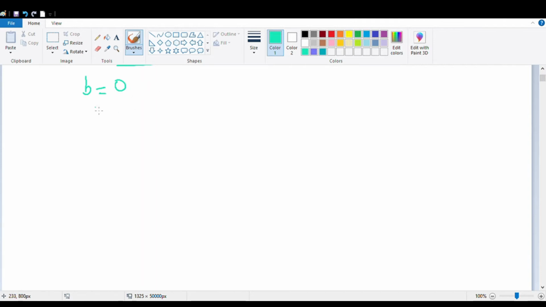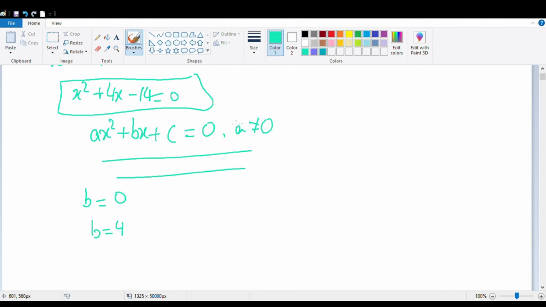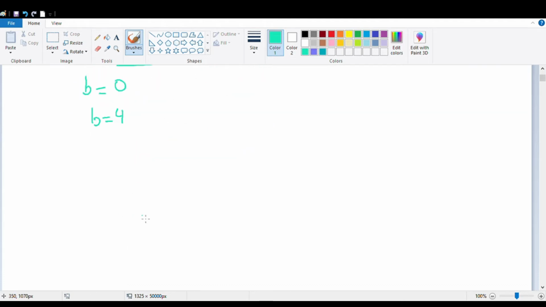But over here, b is equal to 4, because we have 4x right here. So for this reason, this is not a pure quadratic equation. Let's move on to part 2.